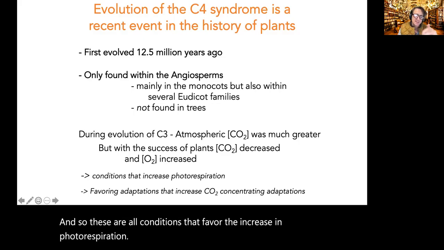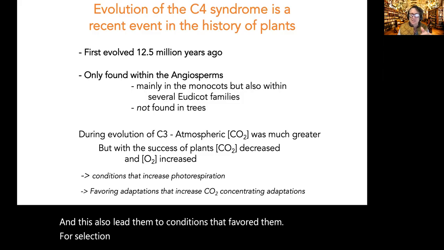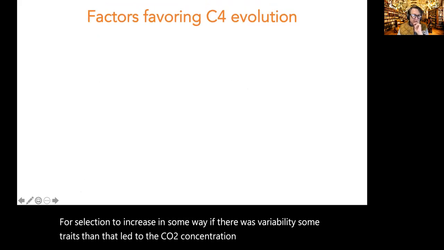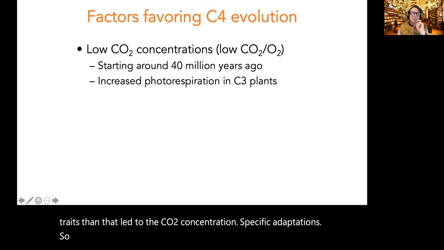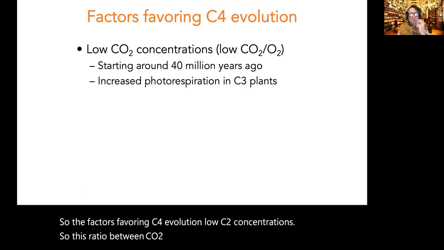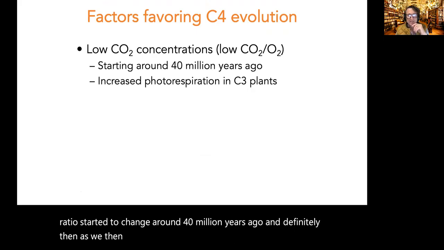And so these are all conditions that favor the increase in photorespiration. And this also led to conditions that favored selection, if there was variability, for some traits that led to these CO2 concentration specific adaptations. So the factors favoring C4 evolution: low CO2 concentrations. So this ratio between CO2 concentrations and oxygen, the relative ratio, started to change around 40 million years ago, and definitely as we headed increasingly into the Pleistocene.